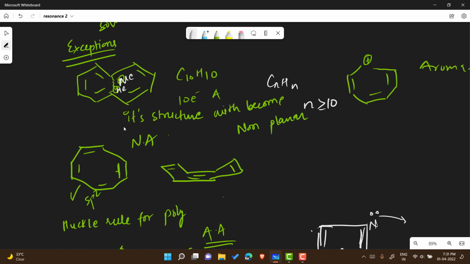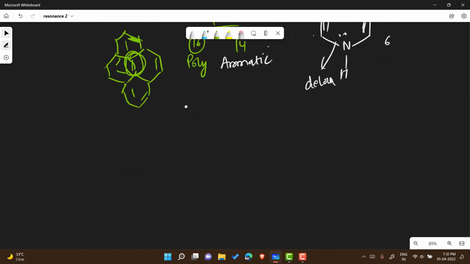And you can also find, annulenes have a special property that they have alternate single and double bonds. You also know one common annulene, which is 6-annulene, also known as benzene, right?